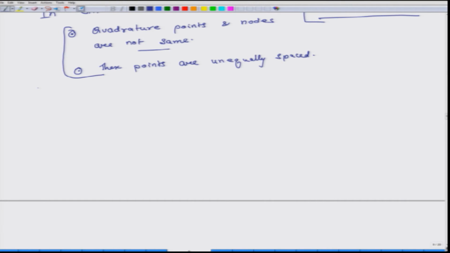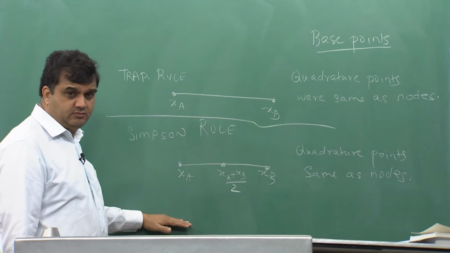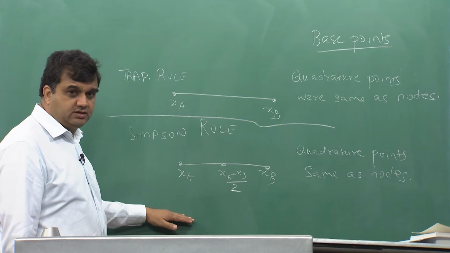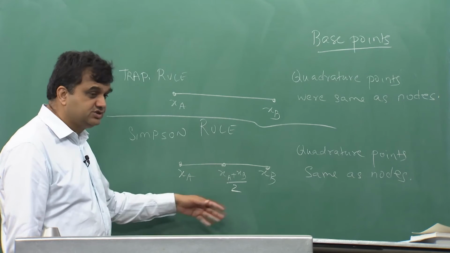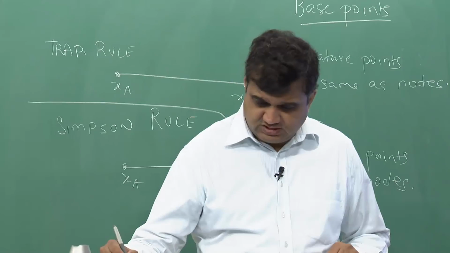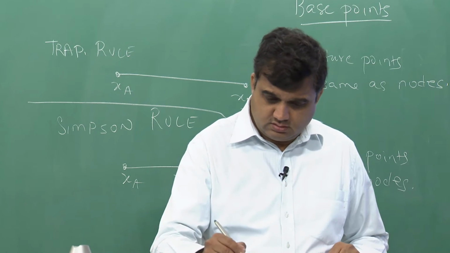So what are these points and what are the weights? Like in this case, we had 2 quadrature points, then we had 3 quadrature points. You can have also a rule for cubic. You can have another where we will have 4 quadrature points and so on and so forth. So basically when you are increasing the number of quadrature points, what is changing?